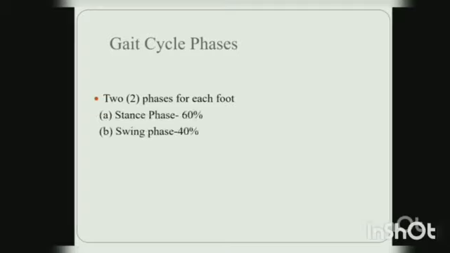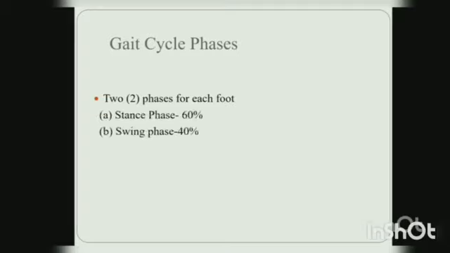Okay, now comes the gait cycle. As I said, the gait cycle spans two successive events of the same limb. During one gait cycle the extremity passes through two major phases, that is the stance phase and the swing phase.